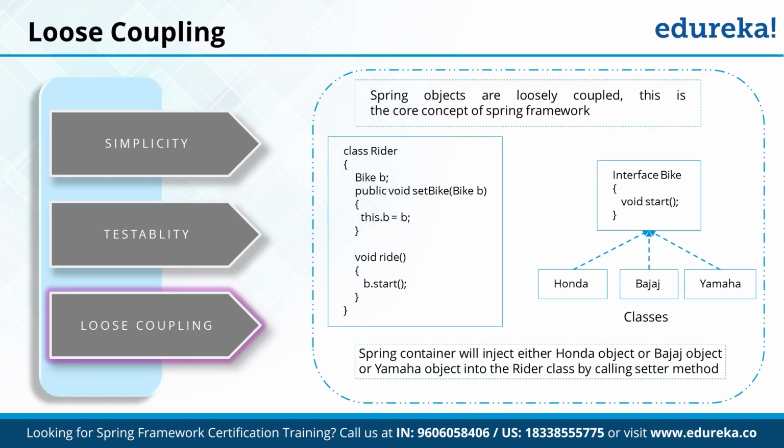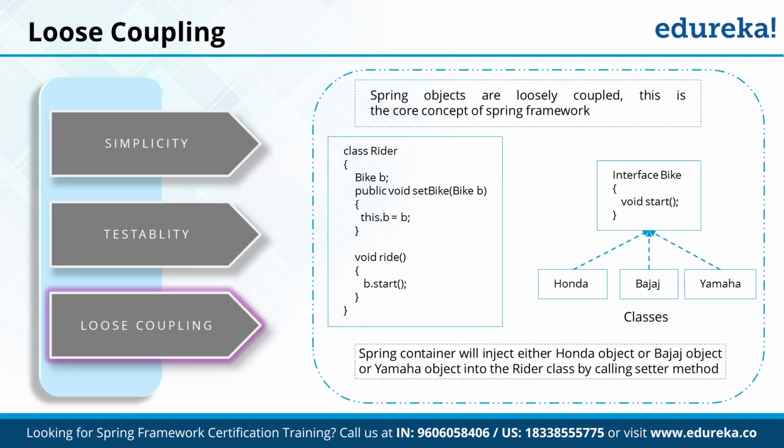Here we are trying to understand that Spring objects are loosely coupled. For this, first of all, we must understand what is meant by the term coupling and what loose coupling is all about, right? Consider that you have a class Rider, and we have a Bike. The reference to the bike object is initialized in the setBike method. We have this interface Bike available with a start method.